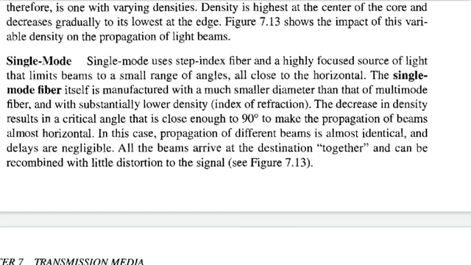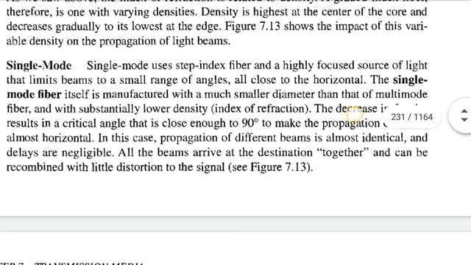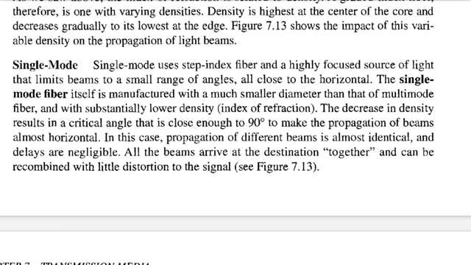Single mode. Single mode uses step index fiber and a highly focused source of light that limits beams to a small range of angles, all close to the horizontal. The single mode fiber itself is manufactured with a much smaller diameter than that of multimode fiber and with substantially lower density.